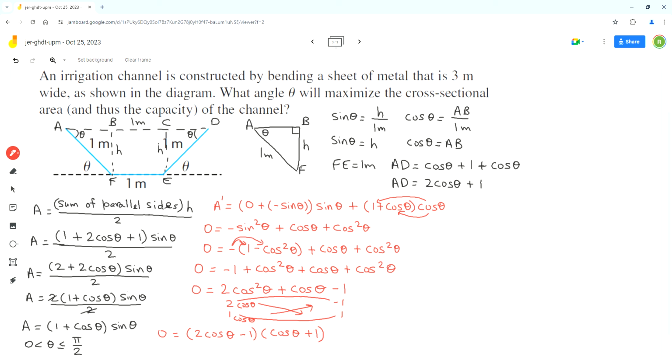Now we can solve this equation by analyzing the two cases. So the first case is, and we can move the negative 1 to the right side, and that will make it positive 1.